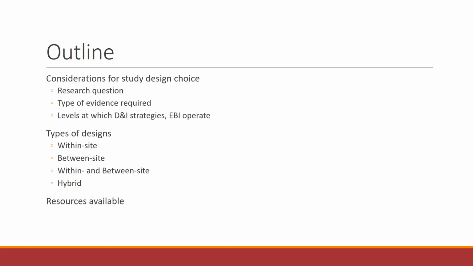There are a lot of other types of non-experimental approaches to doing implementation research, but mostly that's what we'll cover here. And we'll wrap up with some introduction to the very many resources that are available to support you in making study design choices.